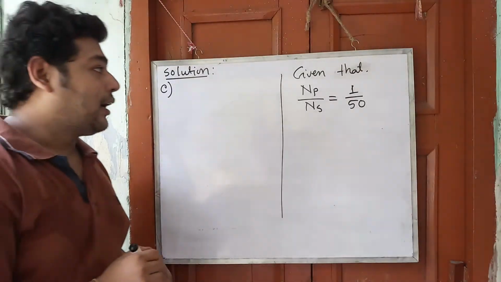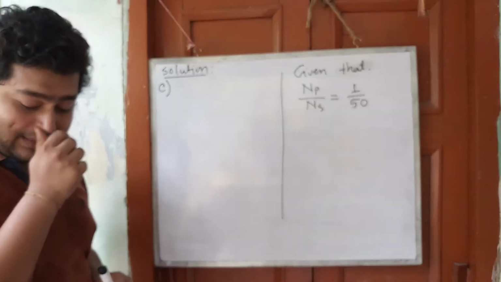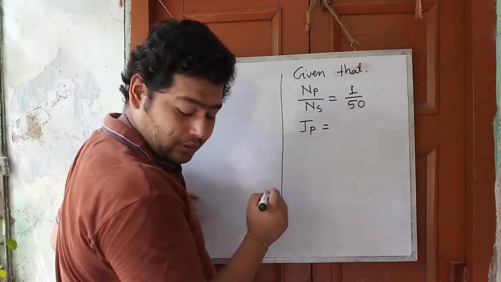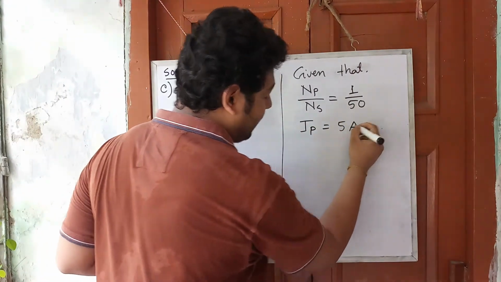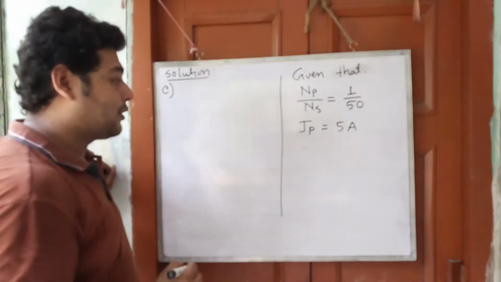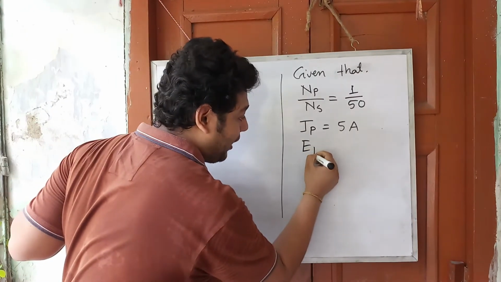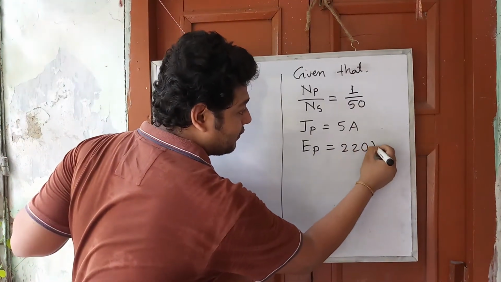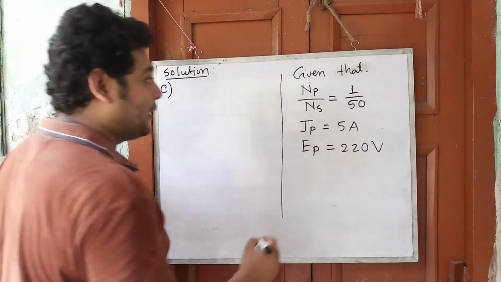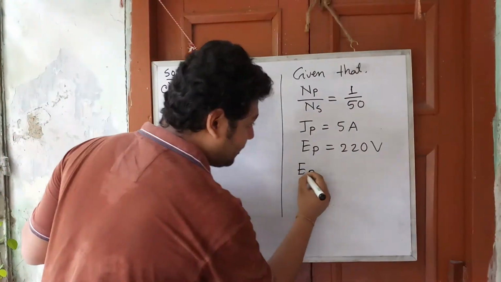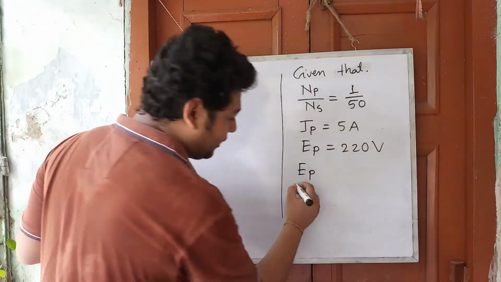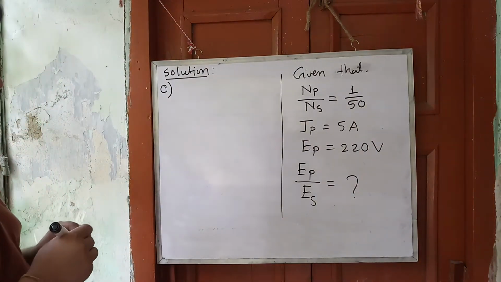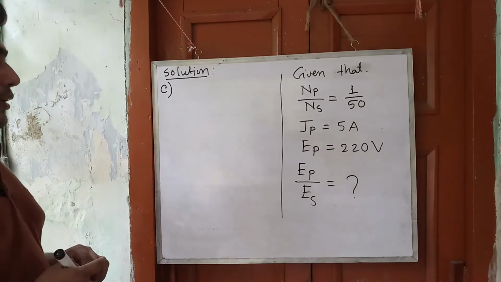Now we have given that the current for primary coil is IP equal to 5 ampere, and the electromotive force or voltage for primary coil is EP equal to 220 volt. We need to determine EP divided by ES equal to what?